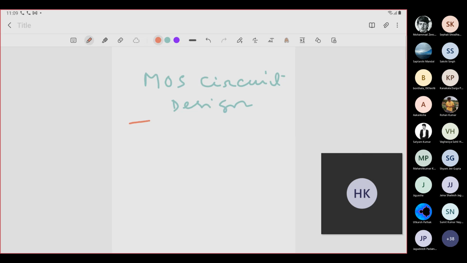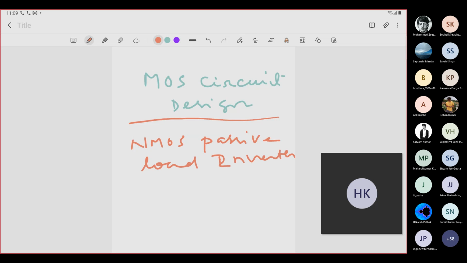In the MOS circuit design, we discussed the NMOS passive load inverter, and we also discussed the NMOS active load inverter.